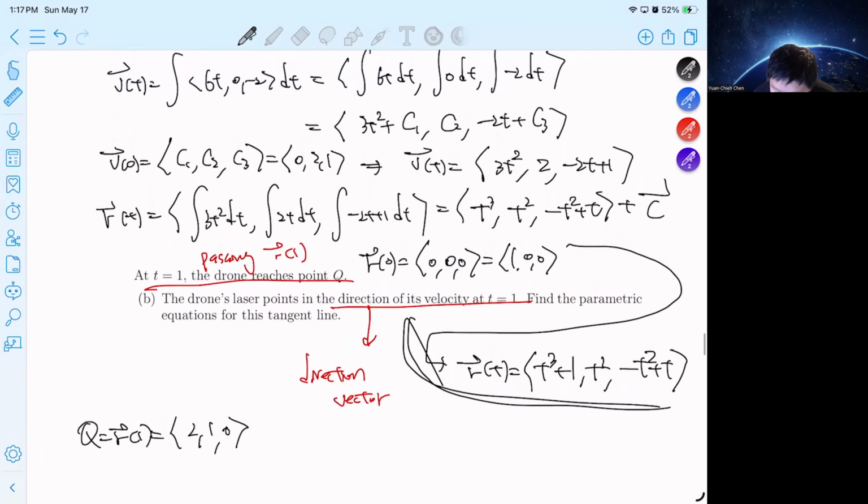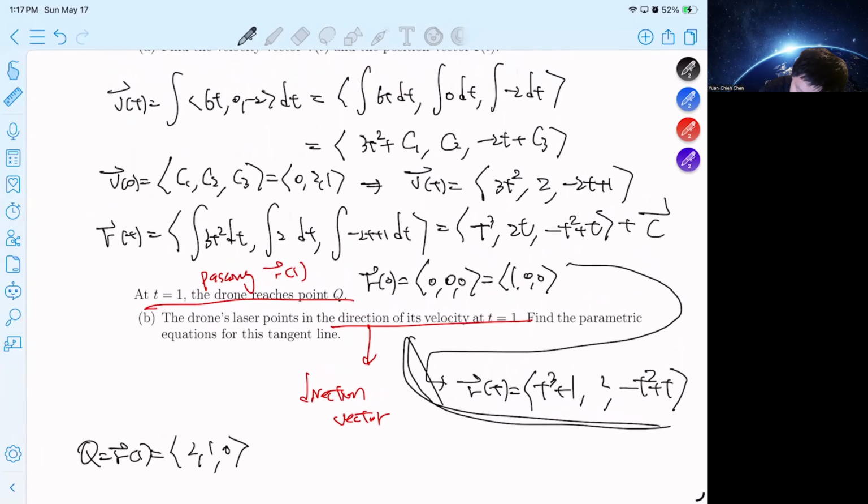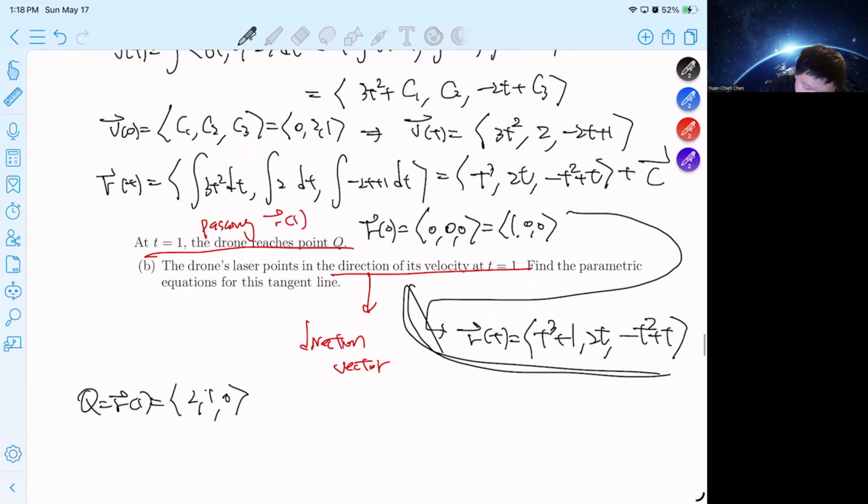I think I did some calculation wrong. Oh, yeah. This is 2, so this is 2t. Okay, so Q is (2, 2, 0).